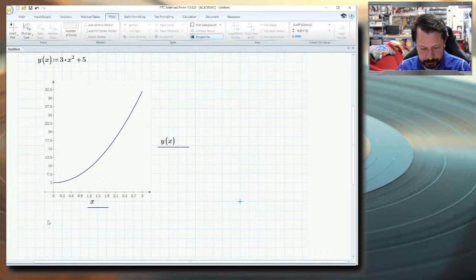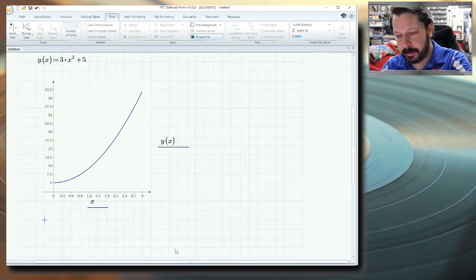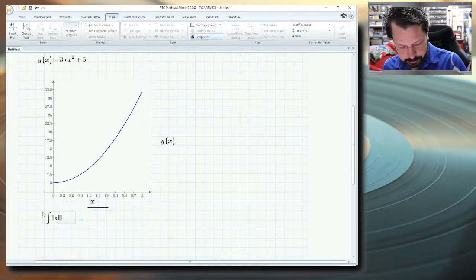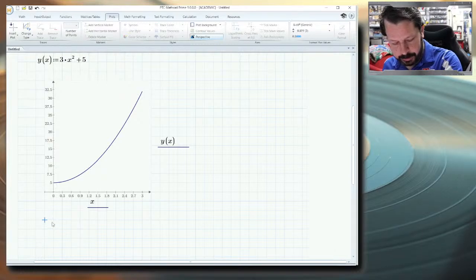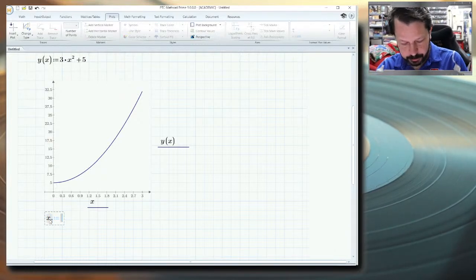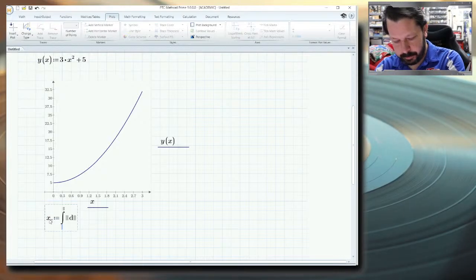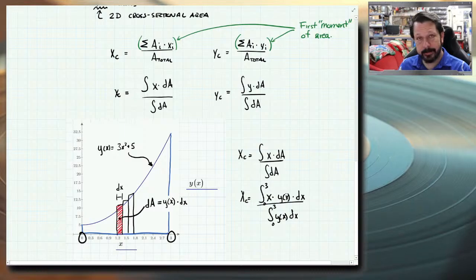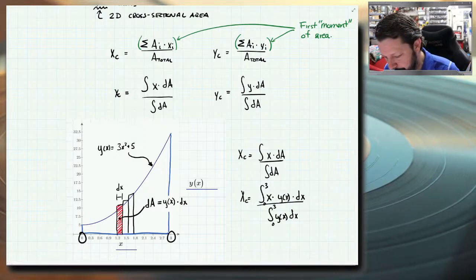All right, so let's do x sub c equals this. x c equals the integral from 0 to 3 dx of what we're integrating, x times y of x, and y of x I've already put into MathCAD.